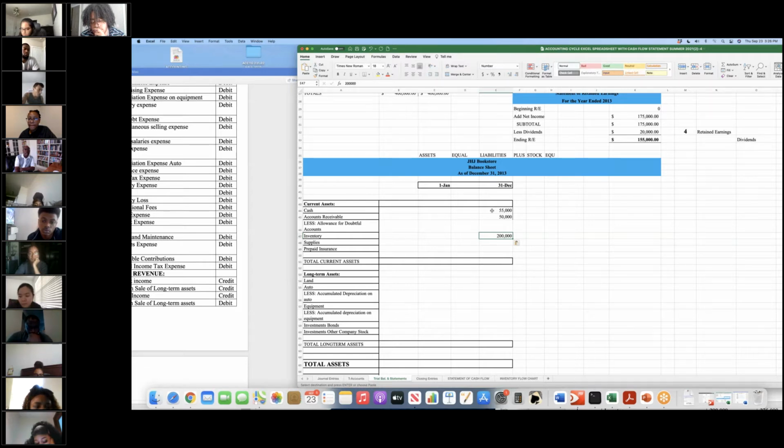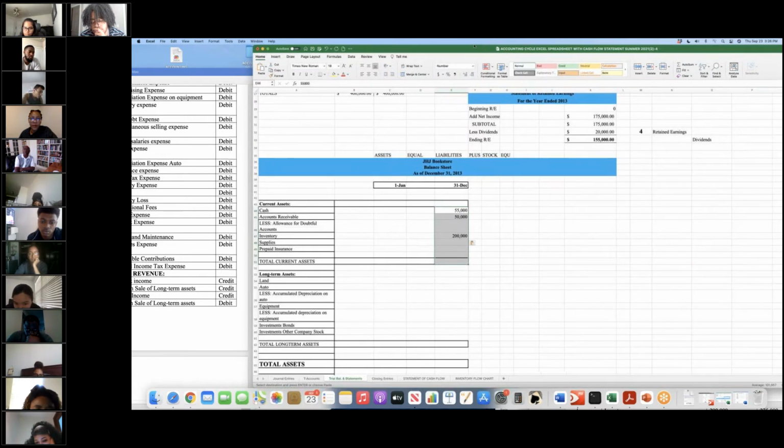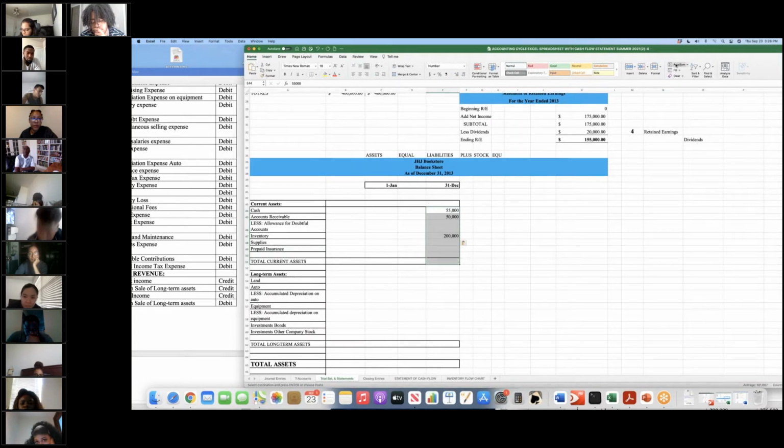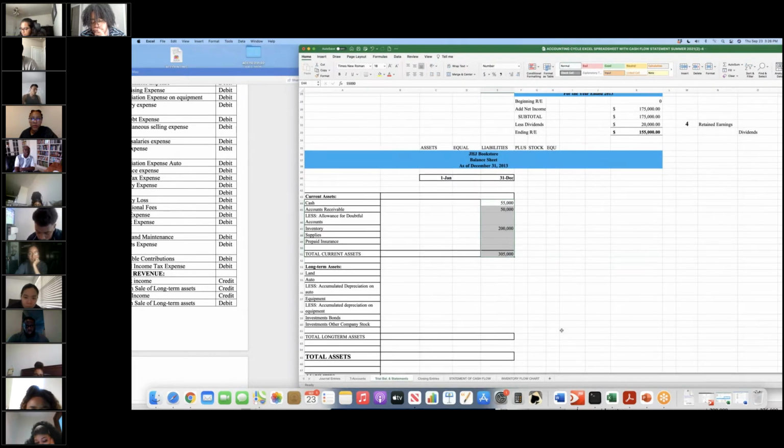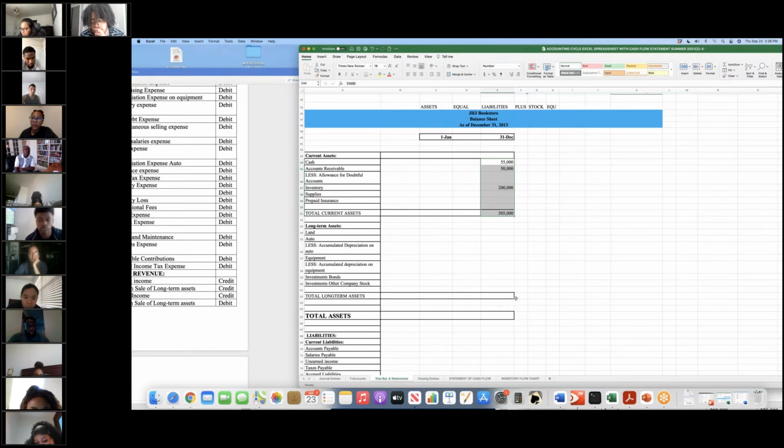And so our total current assets are $305. And we don't have any long-term assets in this problem. So the total assets is 305.